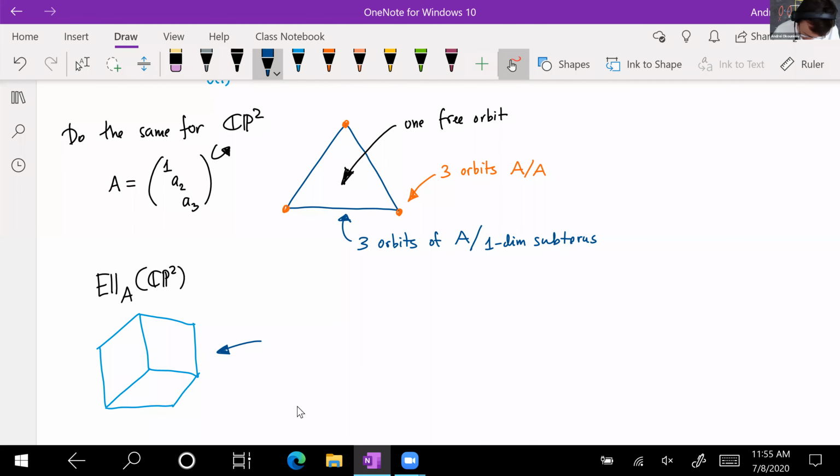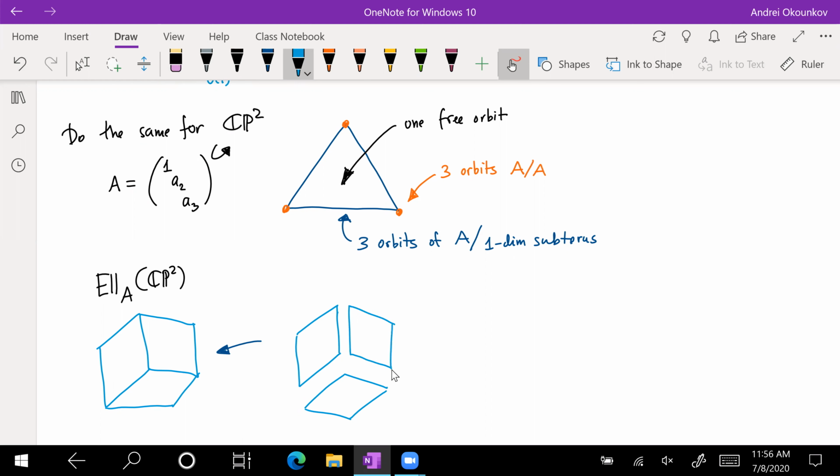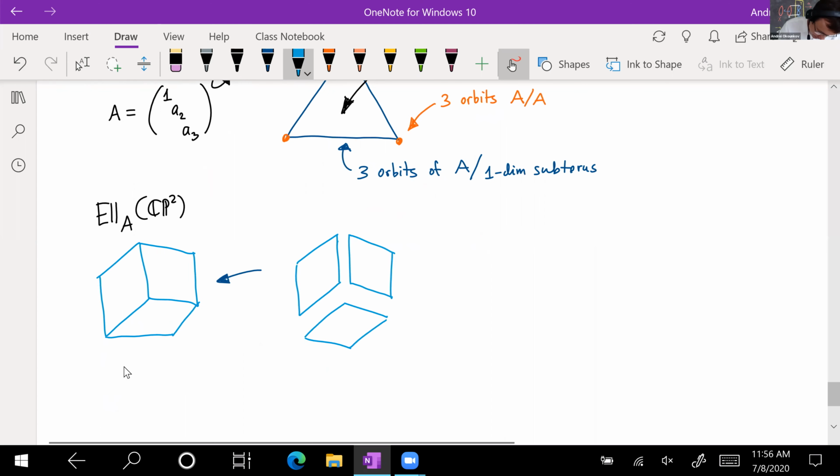We can take these planes apart. Each plane represents a copy of E squared, right? So these are E squareds glued like this.